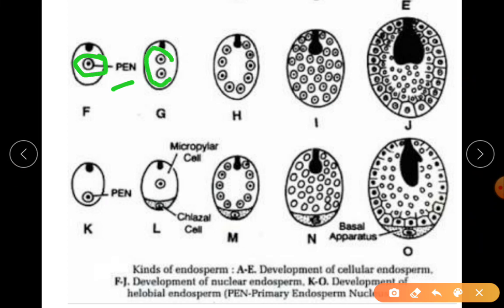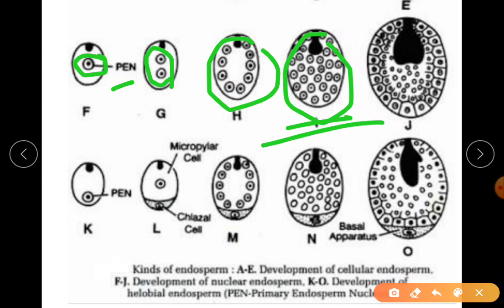It divides freely, this is free nuclear division. Then you can see the cellular endosperm, a layer of cells, and for each nucleus there is cell wall formation. That is why it is cellular endosperm.